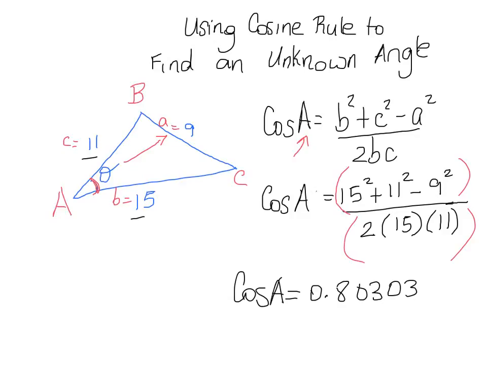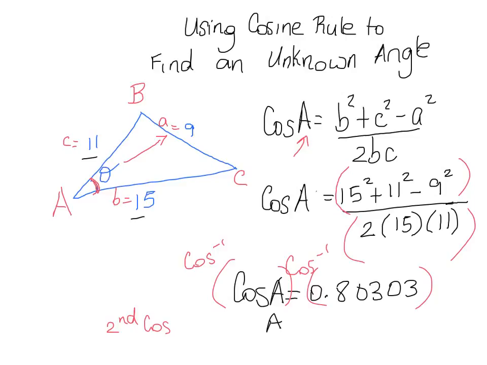Okay, but it's not done at this point because we need to now do the opposite of cosine A in order to isolate A. And the opposite of cosine A is inverse cosine of A. So we're going to do that to both sides so that we can get rid of that cosine there. So inverse cosine both sides. And in your calculator, that's second cosine of the number. So second cosine of 0.8030.